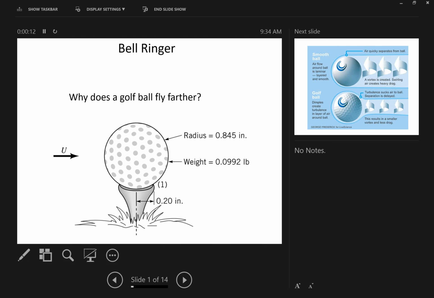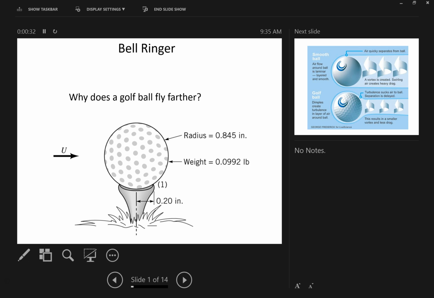Why does a dimpled golf ball fly farther than a regular smooth ball? Yes, the dimples reduce drag. And what does that really mean, reducing drag? It maintains its acceleration. It slices through the air better.